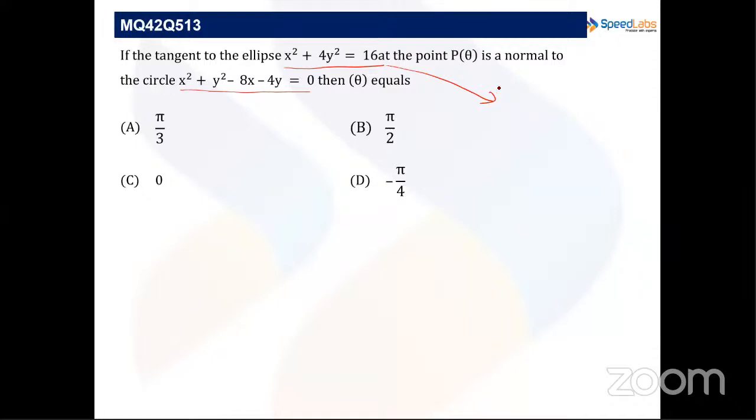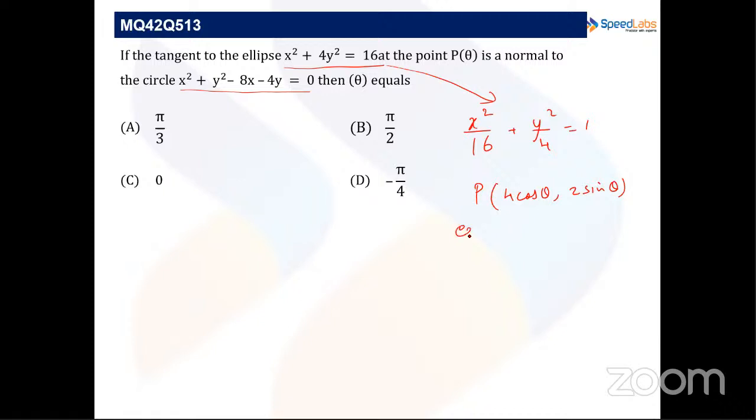For the equation of tangent, we will have x square upon 16 plus y square by 4 equals 1. So our coordinates of point P will be (4 cos theta, 2 sin theta).